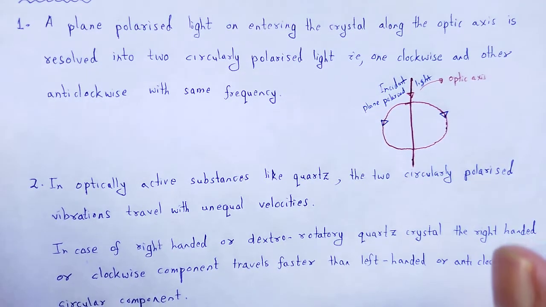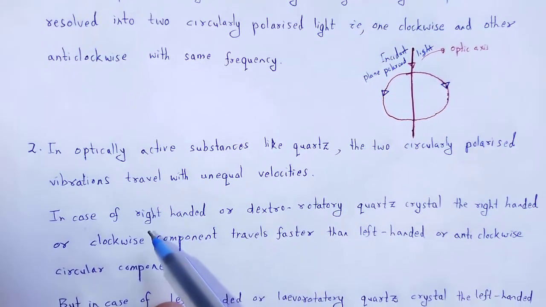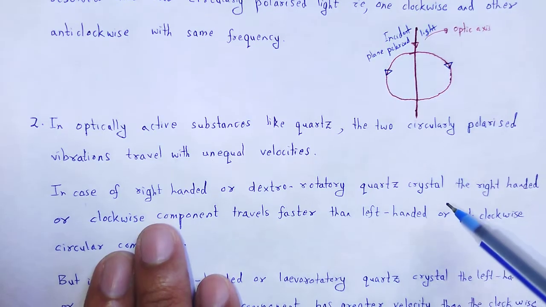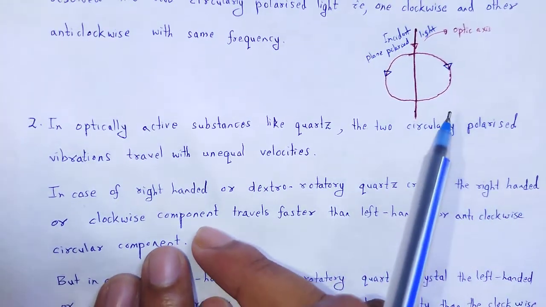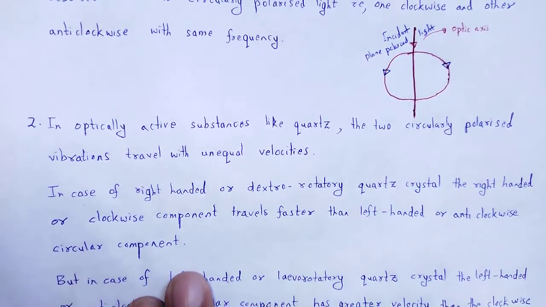What are the velocity relations in this crystal? In the case of right-handed, also called dextro-rotatory quartz crystal, the right-handed or clockwise component travels faster than the left-handed or anti-clockwise circular component.